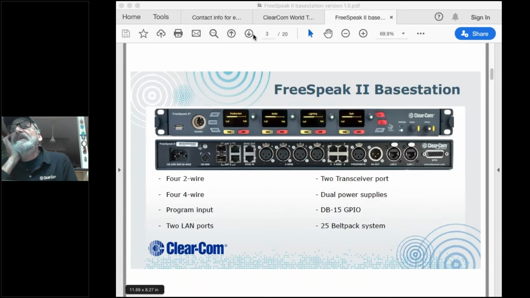You see a DB15, that's a GPIO, and they use that in conjunction with those 2 XLRs, and they use the GPIO to trigger a radio. So that's yet another application you can use for a 2-way radio, maybe for your security people or maybe your production assistants running around on 2-way radios.